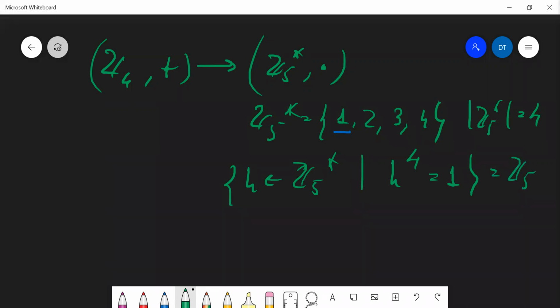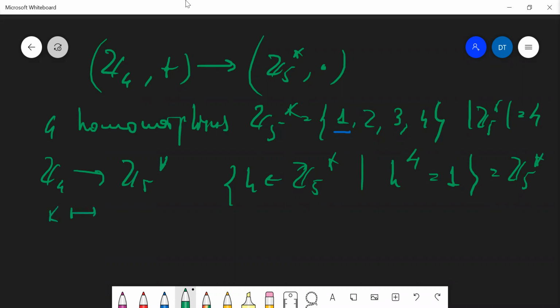So we have exactly 4 homomorphisms from Z4 to Z5 star, because there are 4 elements in Z5 star, and they are given by all possible elements. The first homomorphism takes k to 1 to the k, which is the trivial homomorphism, which takes every element k to the neutral element.